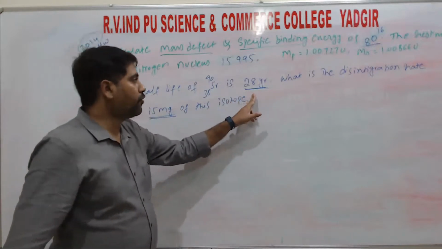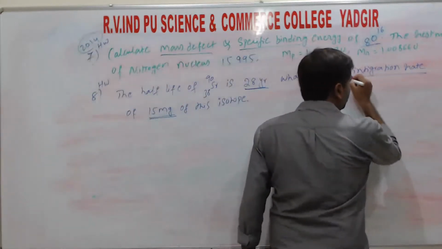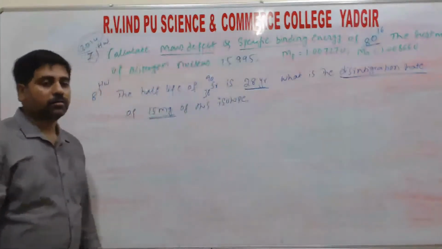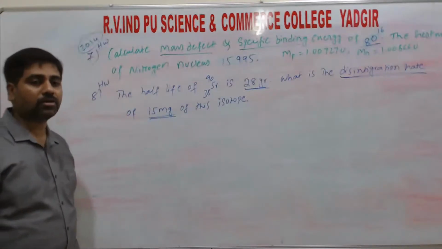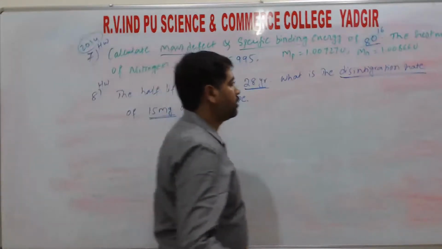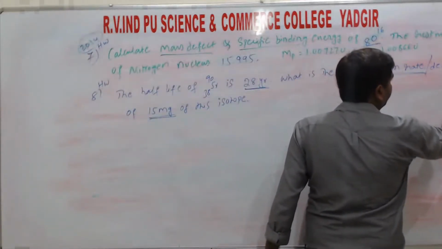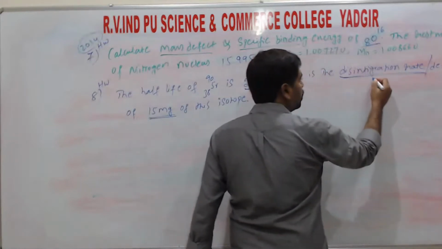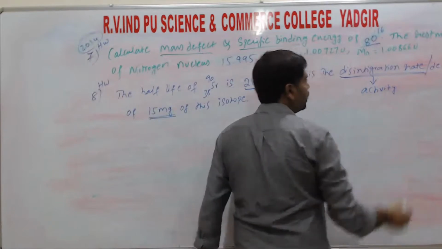They gave half-life 28 years. Here, the disintegration rate is nothing but radioactivity. We need to find R, right? The disintegration rate, or we also call it decay rate, or activity.